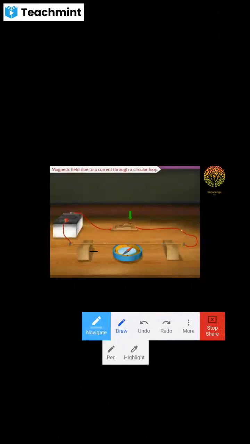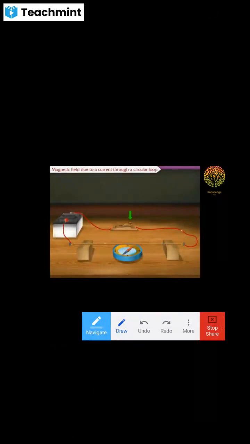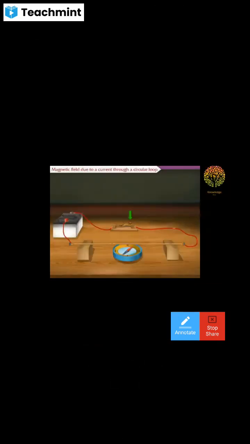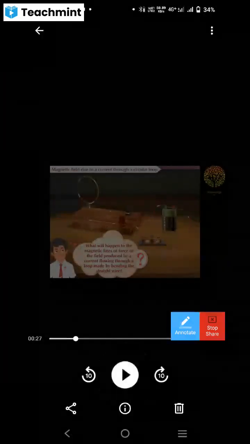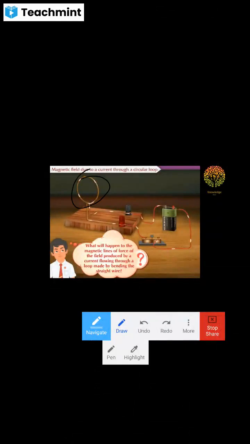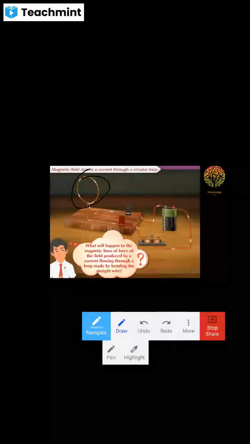See, this is a straight conductor. Now what happens if it is circular? They will show it. This is called a circular loop. Can you see the circular loop there? Yes, sir.